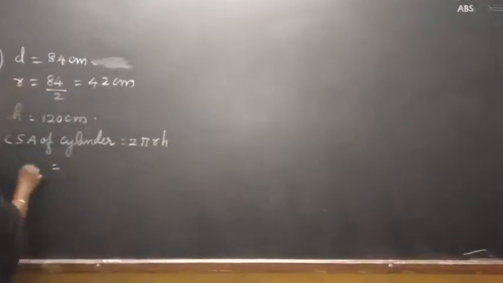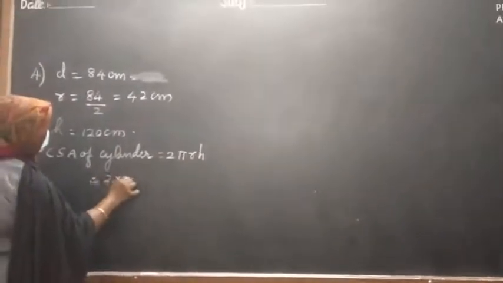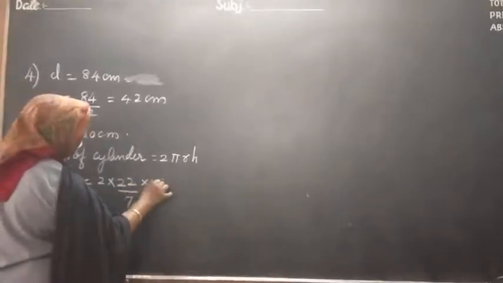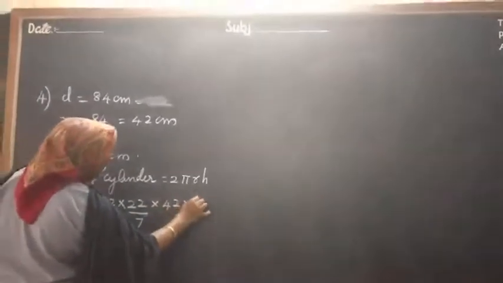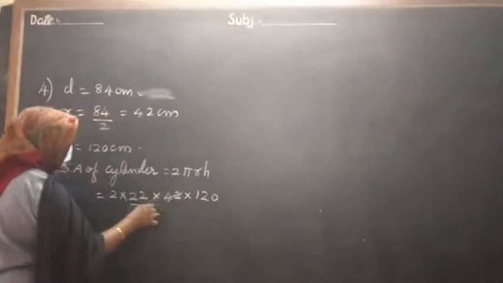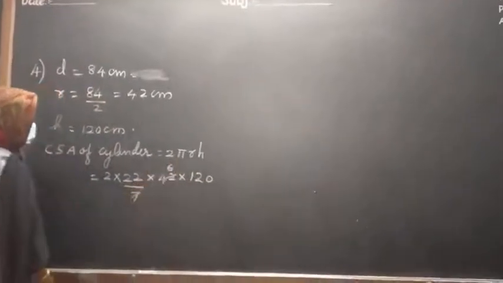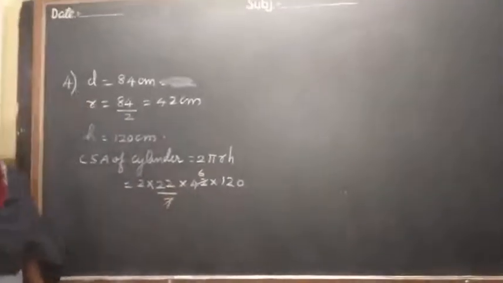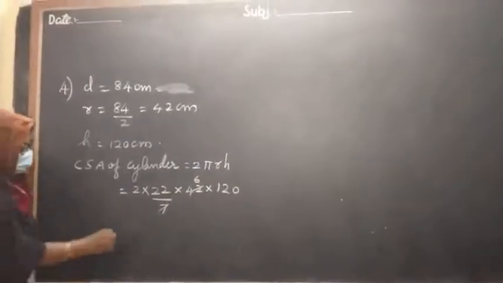So that is equal to 2 into 22 by 7 into 42 into 120. So 42 and 7, 6. 12, 12 of 144.